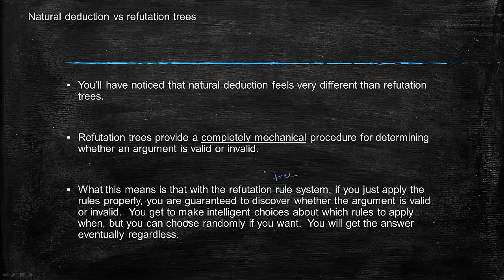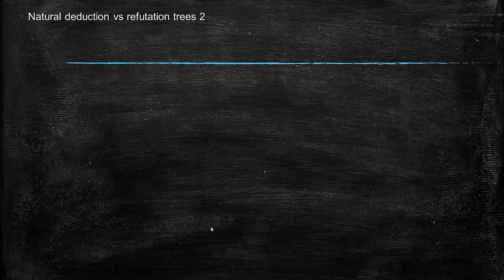Of course, you get to make prudent choices about which rules to apply, but you don't actually have to make prudent choices. You can choose randomly. As long as you are doing the rules correctly, you're going to get the answer regardless. It just might take longer, or be a bigger tree than you really needed to do.